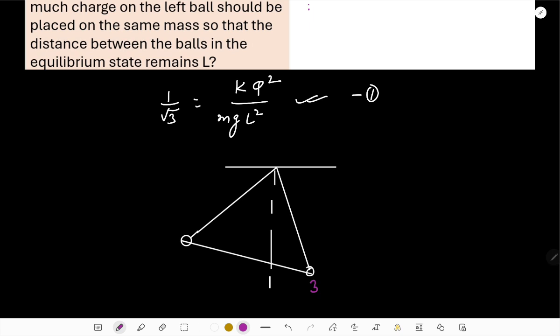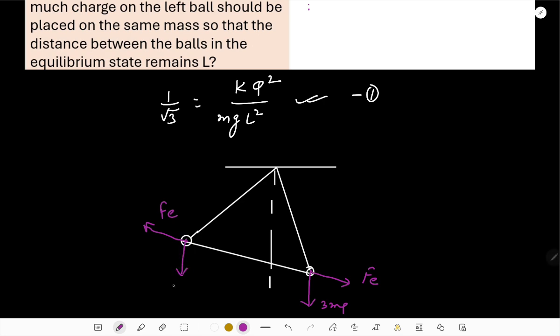3m will be here, so that the force of gravity acting on it will be 3mg, and the electrostatic force will be acting like this on it, and this is the electrostatic force acting on the ball of mass m.